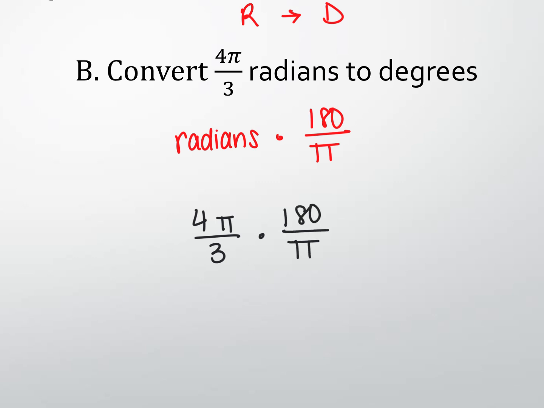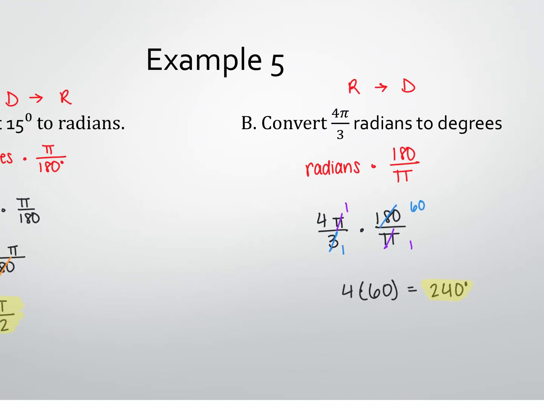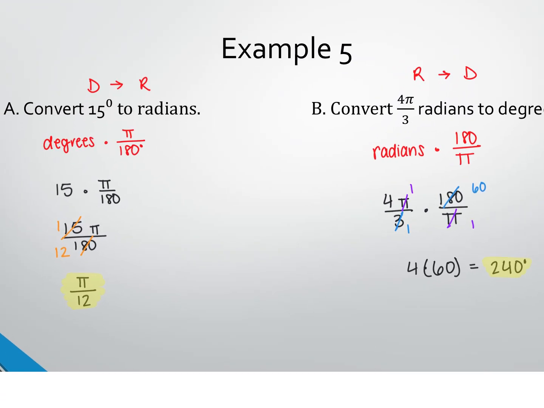I can cross simplify. Pay attention to what I'm cross simplifying. My pi's are going to simplify to 1. And then we can go ahead and simplify my 3 and 180. This is going to be 1. This is going to be 60. And all I have left is 4 times 60, or you could put in parentheses if that helps. And that's going to equal my answer as 240 degrees. Okay, this is pretty easy. You just have to remember the rules.